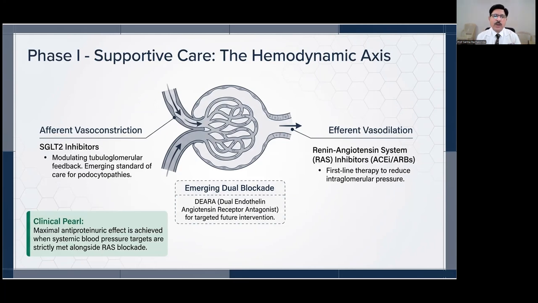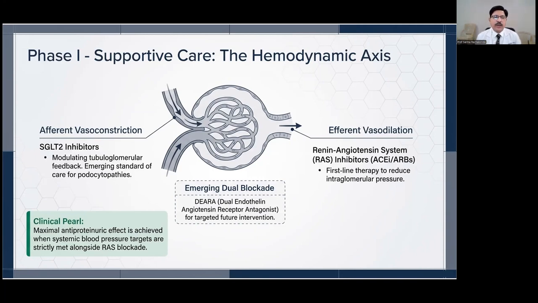SGLT2 inhibitors modulating the tubuloglomerular feedback, an emerging standard of care for podocytopathies. This is an emerging treatment, SGLT2. Now, SGLT2 inhibitors are everywhere. Even for hypertension, for obesity, for diabetes of course, for nephrotic syndrome, for any glomerular disease, SGLT2 inhibitors have become the sheet anchors now.